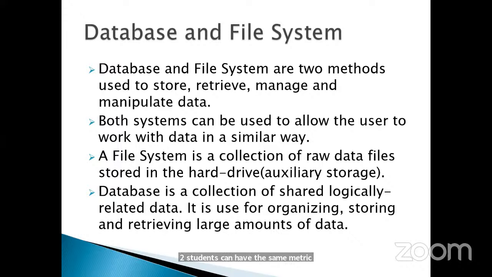They can have the same name, Adekunle John, the same departments, maybe different departments in the same faculty, but they cannot have the same matric number, because it is a unique identifier that differentiates each student. And in a database, you want that because you don't want redundancy. Redundancy is just a repetition.